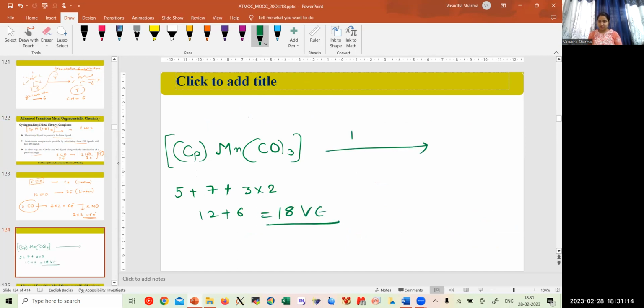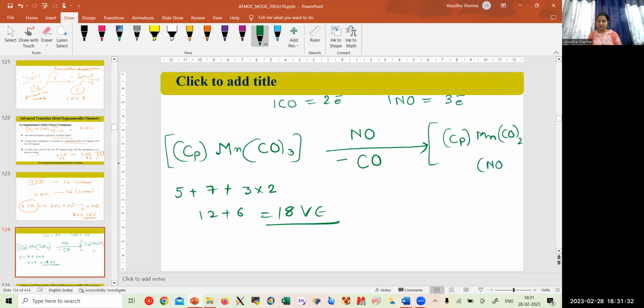Now, if I give one nitrosyl, one carbonyl is 2 electrons, one nitrosyl which is linear is 3 electrons. So removing one CO, it becomes CpMn(CO)2(NO), and lastly there would be a positive charge over there.